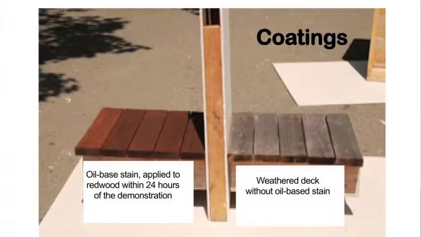Okay, so coatings. There's a couple of things with regard to coatings that I want to cover, and then anything else you want to cover. One is things you might do to your deck that aren't intended to provide any fire resistance, and whether or not it makes it worse from a fire perspective.